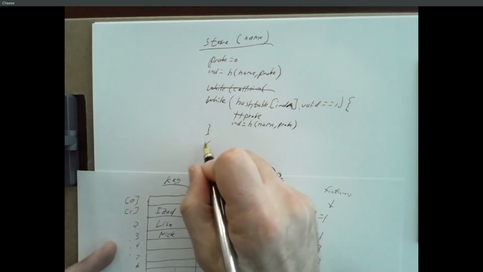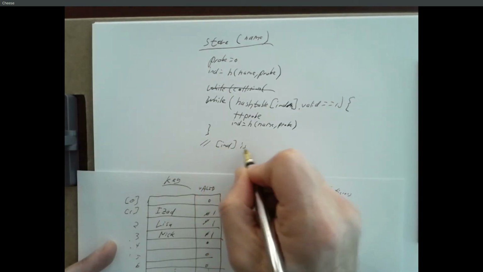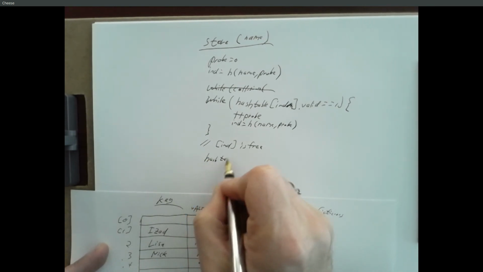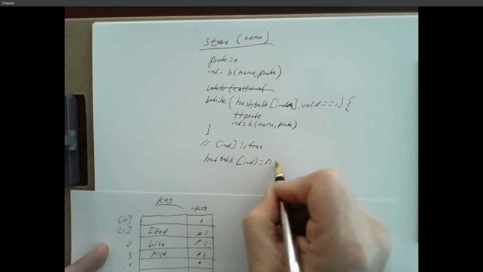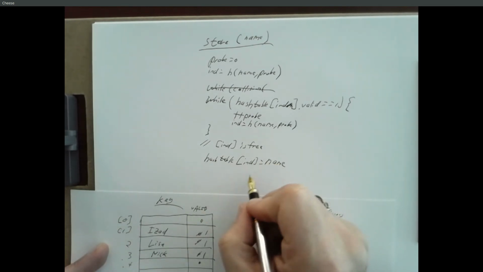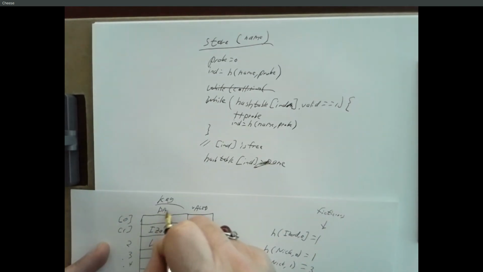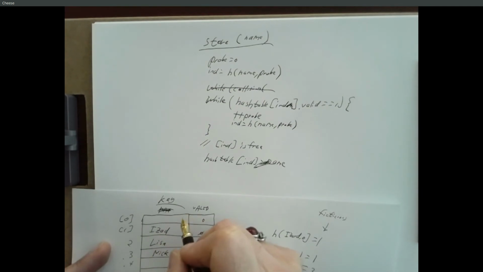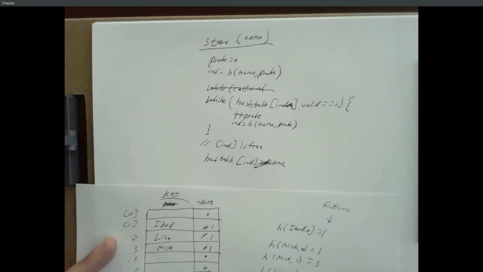So this location is free. So hash table at that index equals whatever our name is that we're storing. I don't want to say data because data is something else. What should we call this?